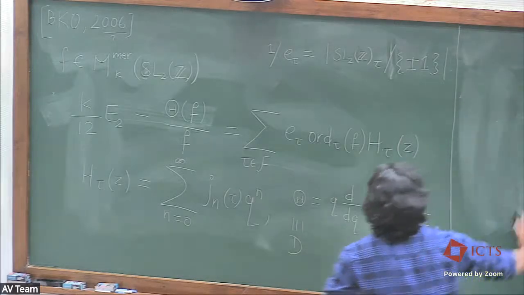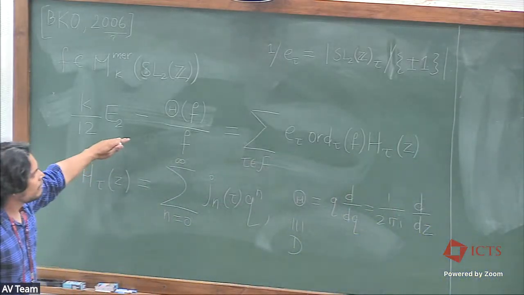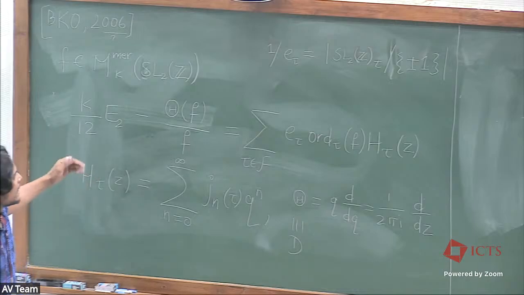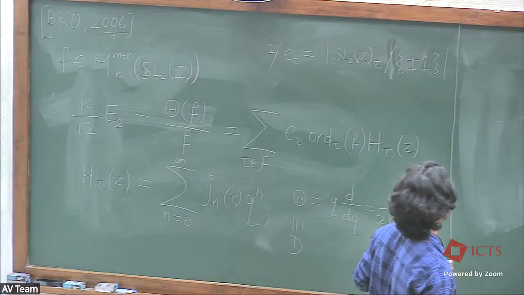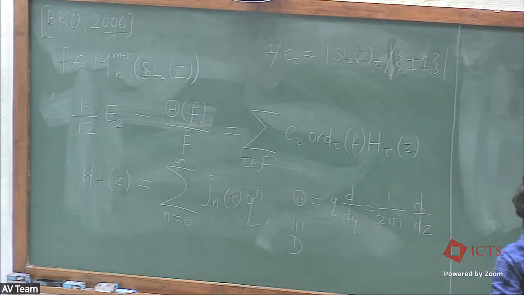So the idea now is to generalize this formula to higher level and then use it to prove the infinite product formula that I wrote earlier. And such a generalization is already available. Let me write it down.